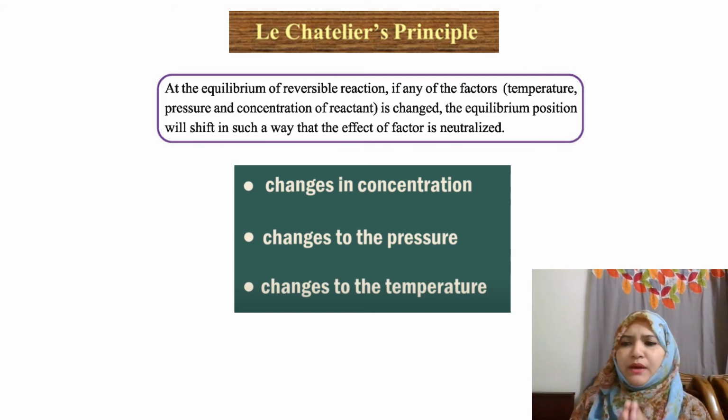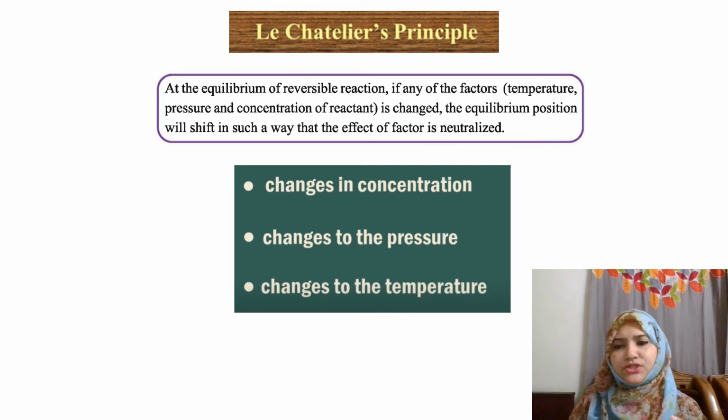Obtaining the maximum amount of product from the reaction depends on the proper reaction conditions. That's why it's a very important principle for industrial chemistry, because the increase and decrease of products in the equilibrium of a reversible reaction is controlled by Le Chatelier's principle.